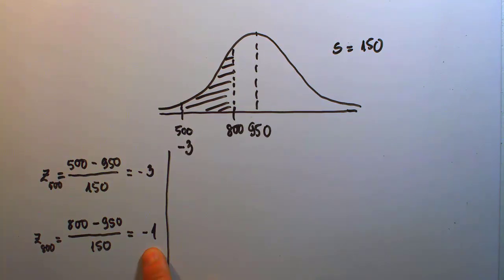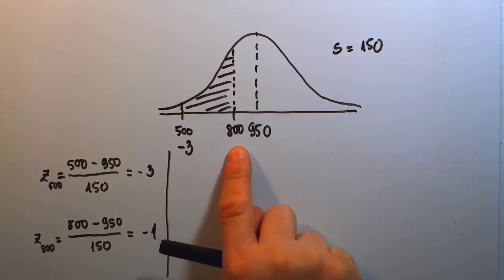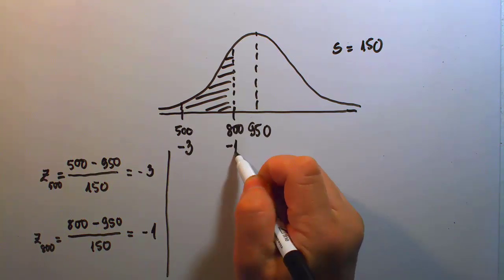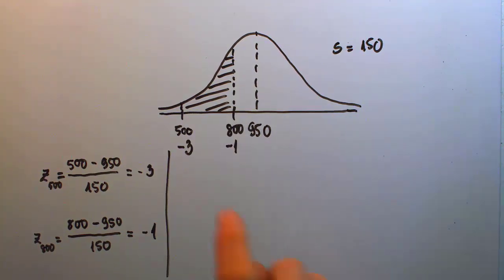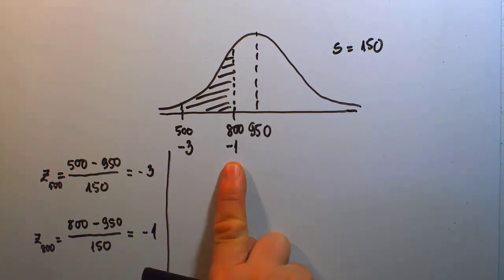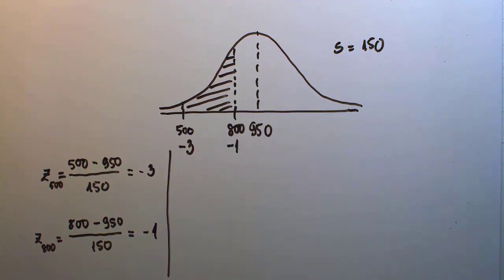And that makes it clear that 800, my higher end of the interval, stays 1 standard deviation below mean. So once again, that interval is now clear, we know how far each of the ends of the interval is from the mean in terms of how many standard deviations.